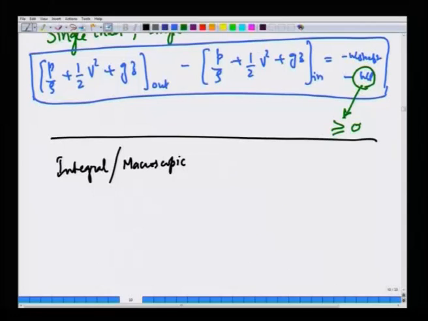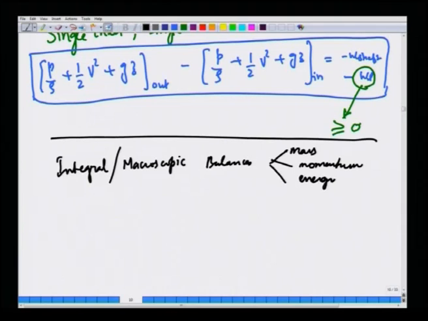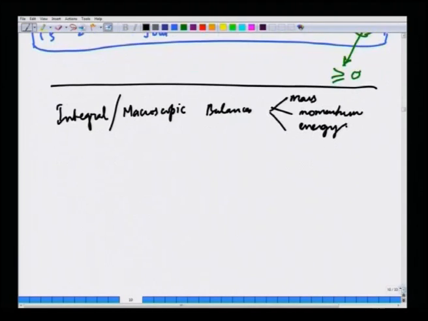We are not going to worry about detailed variation of flow quantities such as velocity or pressure at each and every point in the fluid, but we are essentially doing a balance over an entire equipment. So, they are also called macroscopic balances, which we refer to as integral balances. We have three equations for mass, momentum and energy. Okay. So, the question is how do we solve problems?